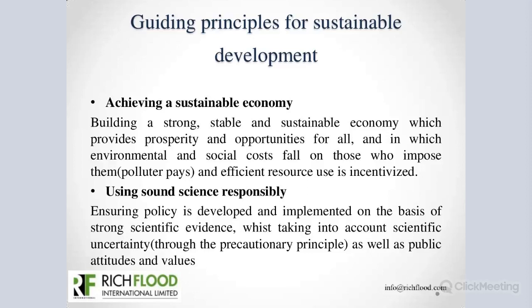And we have the third one as achieving a sustainable economy. How does sustainable development ensure that we have a sustainable economy? By building a strong, stable, and sustainable economy which provides prosperity and opportunity for all, and in which environmental and social costs fall on those who impose them.